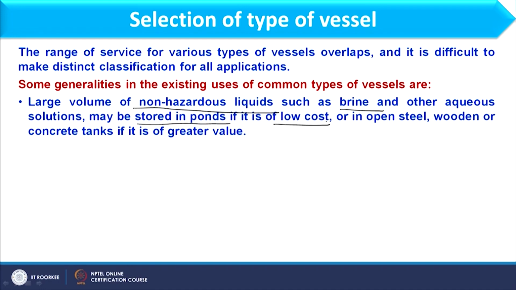So, that selection depends on the cost also, that is a very important factor. If I need to store or operate a very low cost solution, low cost fluid, so obviously for that purpose we can use an open tank where weather conditions will not affect significantly. Okay.